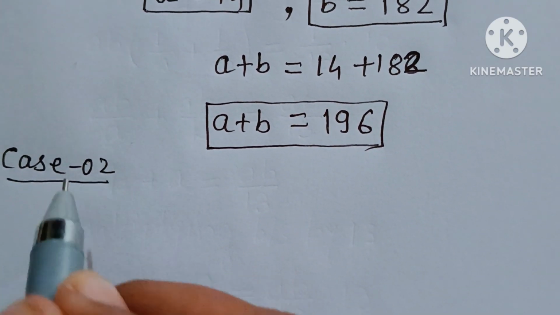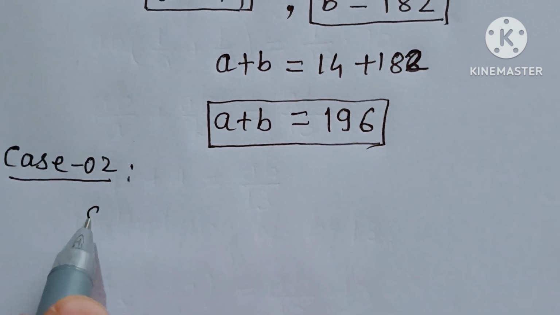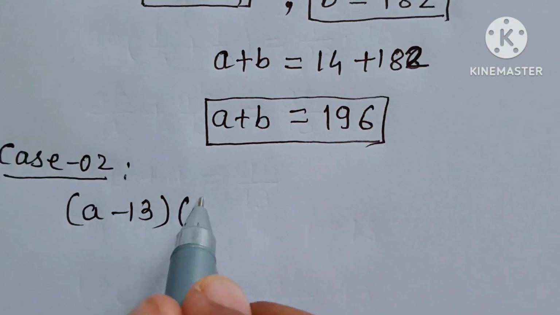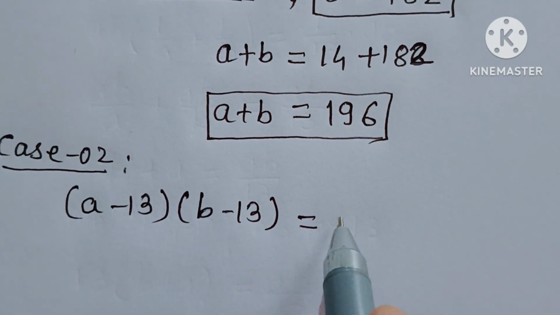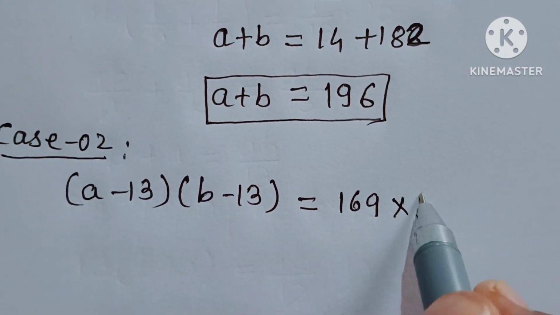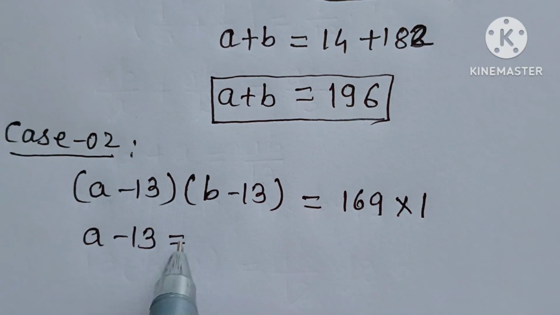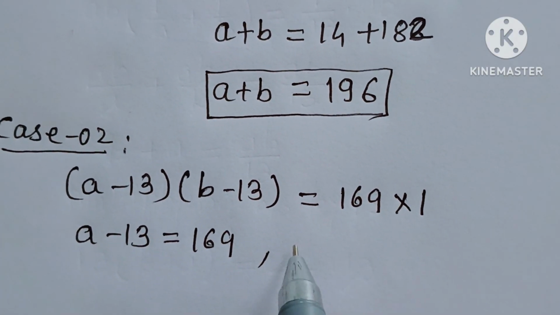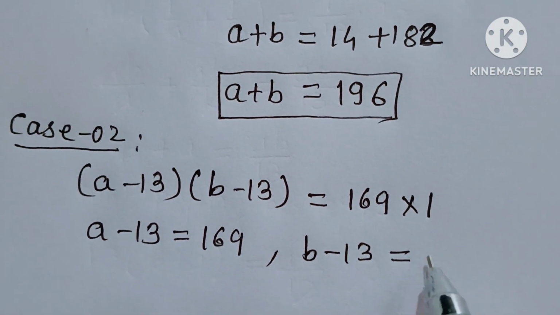Case 2 is A minus 13, B minus 13 is equal to 169 multiply 1. A minus 13 equal to 169, B minus 13 equal to 1.